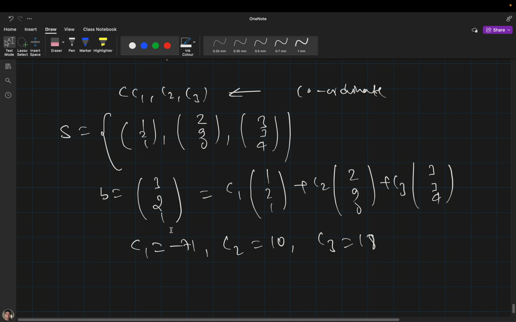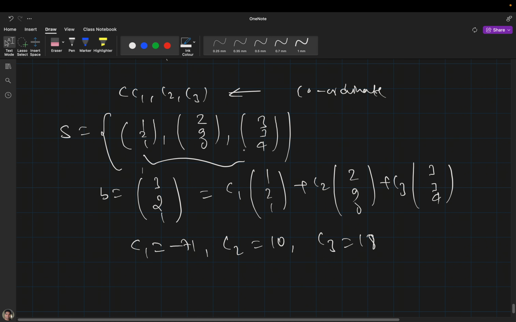Sir, for the coordinate there can be infinite possible bases. Yes, but the number will be only 3. There will be an infinite number of possibilities, but the number of those basis vectors will always be 3 for the 3-dimensional space I am talking about.